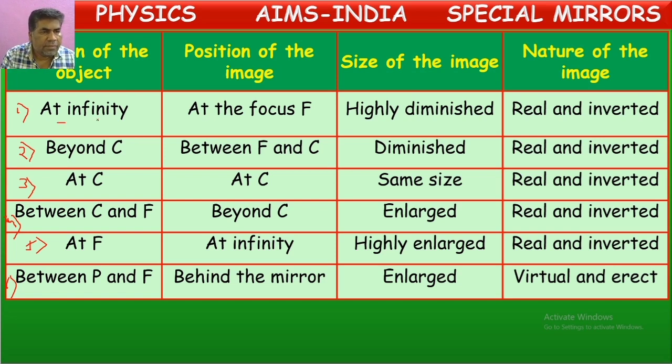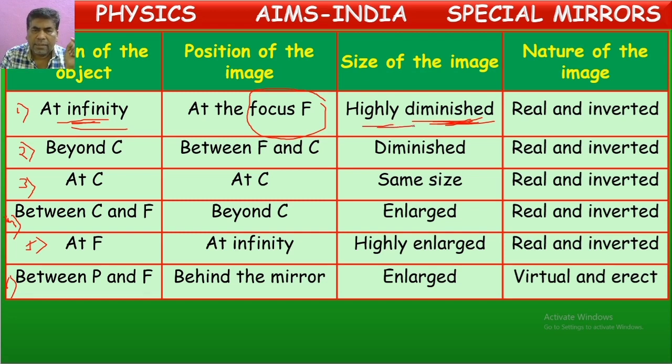In the first case, when the object is at infinity, what happened? The image is formed at the focus, but how? Like a point. Already I have told, very small, diminished. Here, the meaning of diminished is very small. Highly diminished means very small.